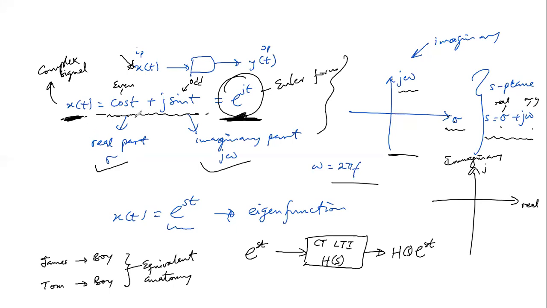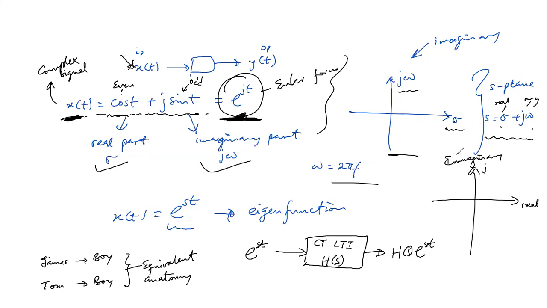The signal s of t is of this form, and we know that expressing our signal in the Euler form is a combination of the even and odd component, which means that it has a real part and an imaginary part. Also, in the s-plane, we have a combination of the real and imaginary part, and in that dimension, the imaginary part contains the frequency component, where omega is the same as 2 pi f.